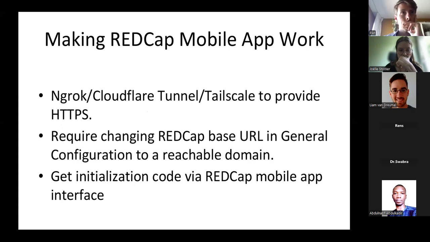You can make use of the platforms I discussed earlier. There's also some configuration you need to do on your RedCap to use a domain instead of a localhost. Then get the installation code and initiation code. This is how you set up your server on your mobile phone. You just have to get the code from the server and put it in the mobile app, and you are able to connect successfully.